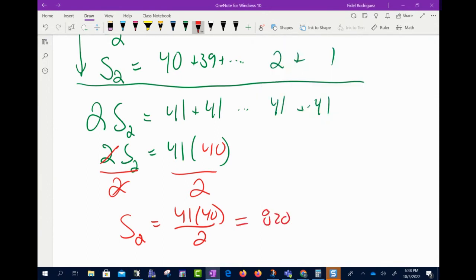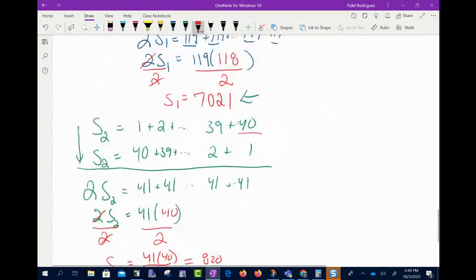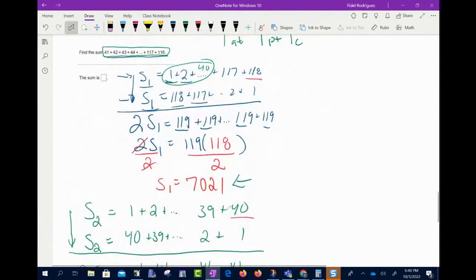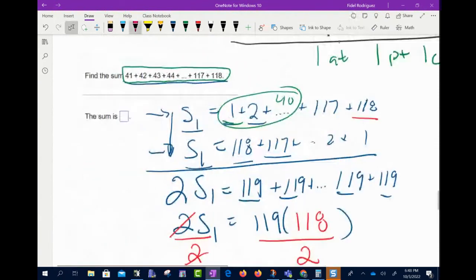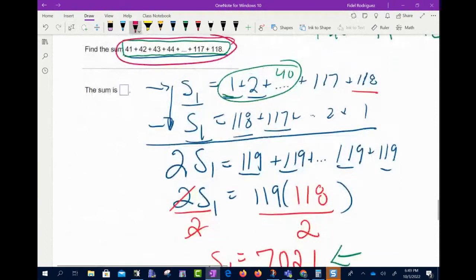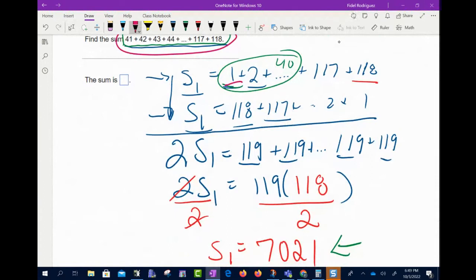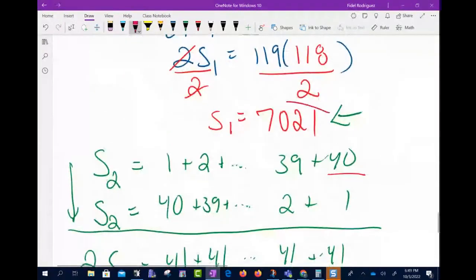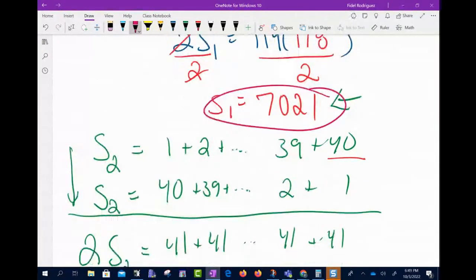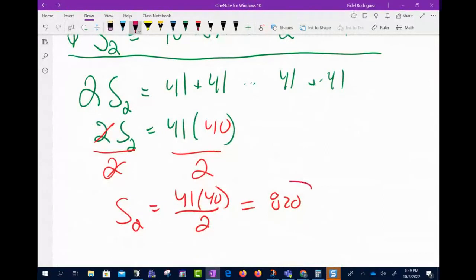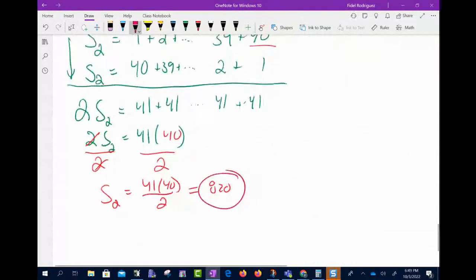Now, the reason why I wanted to do that is because in our original problem up here, we were starting at the number 41. Well, if I know that when I start from 1 to 118, that answer is 7,021, and I know that the first 40 is going to be 820.